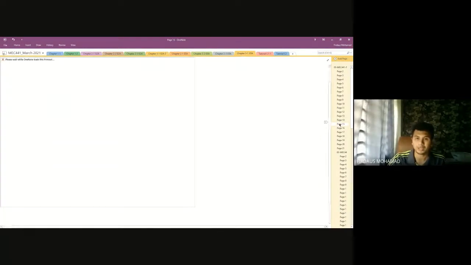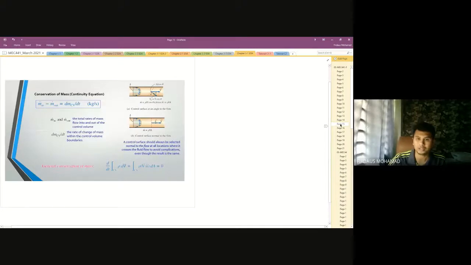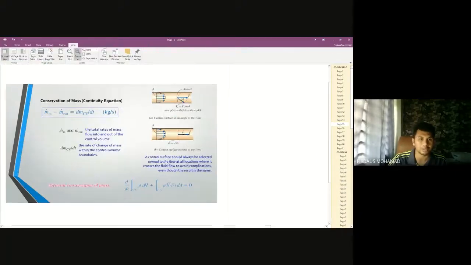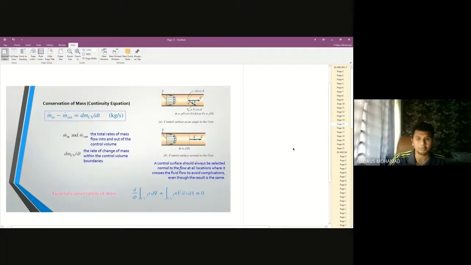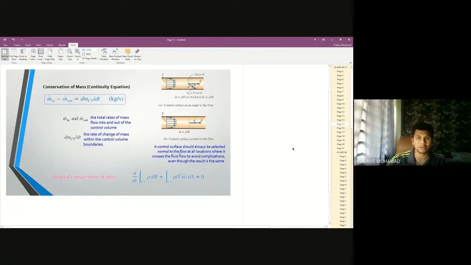So now what is general conservation of mass based on control volume analysis? As I mentioned before, control volume analysis based on both control volume, based on volume and also based on the control surface.